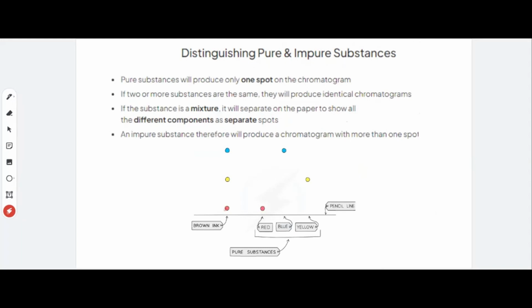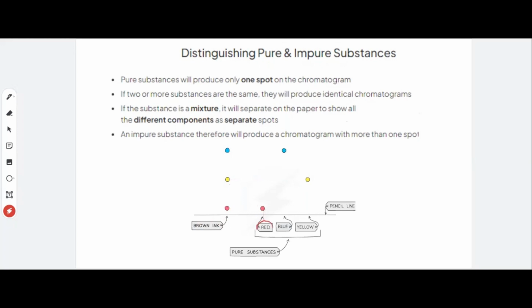Distinguishing pure from impure substances, how do you do that? For example, if I have this brown ink, this brown ink is made up of three dyes. Once you do its chromatography, you can deduce that it had red dye, also the yellow dye, also the brown dye. In your paper, obviously these spots would be black in color, and then it would be the challenge, because then this spot you have to match up with this one.